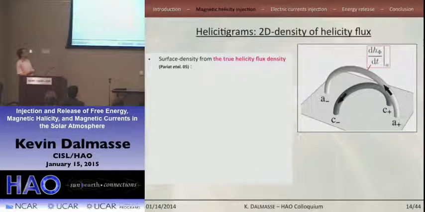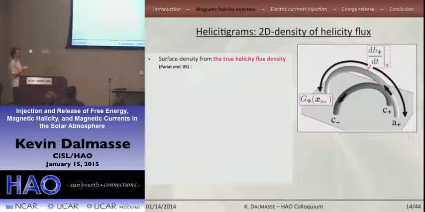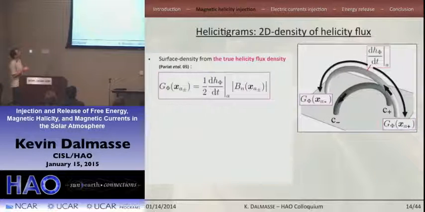Pariat et al. in 2005 have shown that we can define a surface density of helicity from the helicity flux density by redistributing the helicity flux density at both foot points of a field line A and by weighting by the magnetic field at these points. So this defines the surface density of helicity G_phi, which basically gives you information on the relative rotation of field lines in a configuration.